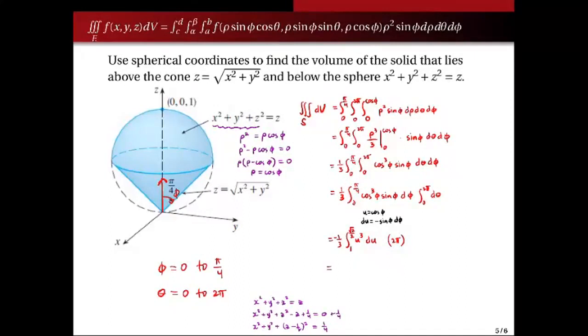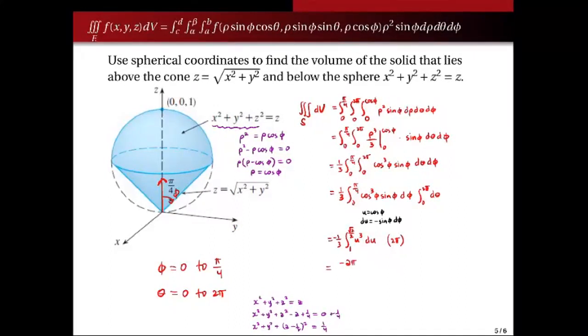Therefore, you will have negative 2 pi over 3 times u to the 4 over 4 evaluated from 1 up to, I'll just put, 1 over square root of 2, that's square root of 2 over 2.